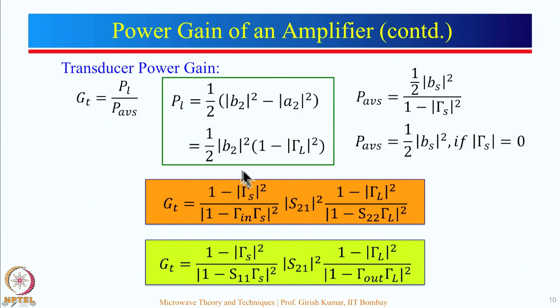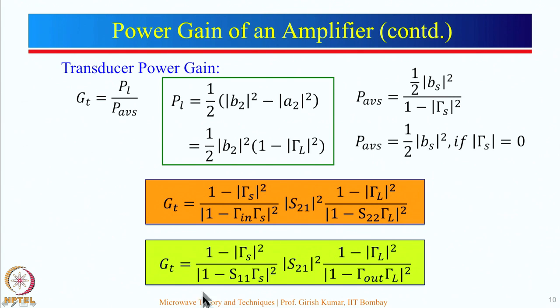So, as I mentioned, this term corresponds to the input side, which can be maximized by using proper input impedance matching network. This is the gain because of the device S21, and this term can be optimized by properly designing output matching network.